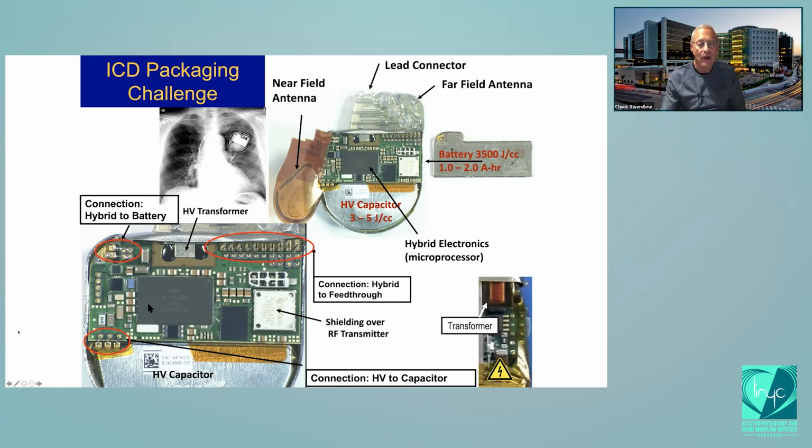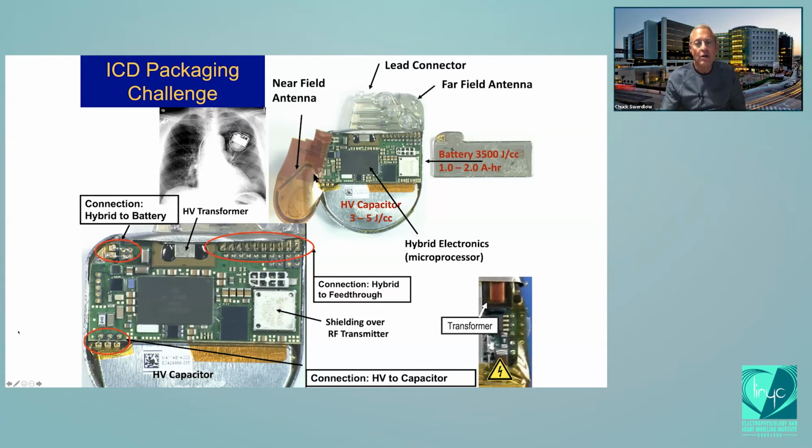When you have an electrical component that radiates, like the long-range radio frequency transmitter that we use to communicate with devices, or the Bluetooth one in some devices, you have to shield that. That's why there's a plate over it.